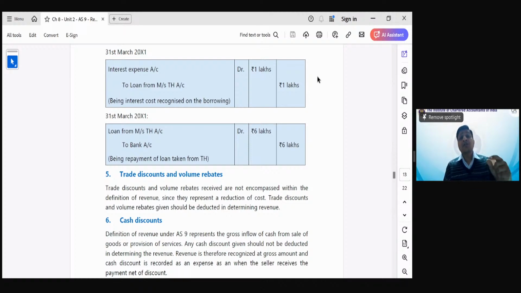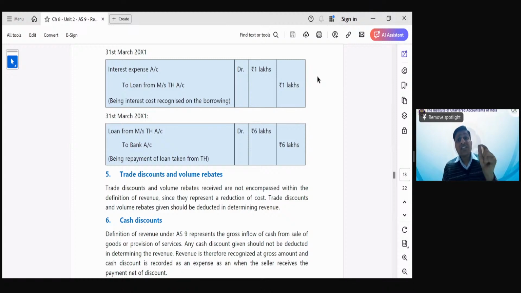But you have also offered the party that if you make the payment within 1 month instead of 3 months, then you will give some discount to the buyer. This discount which you offer is called cash discount. It is given for early payment by the buyer.